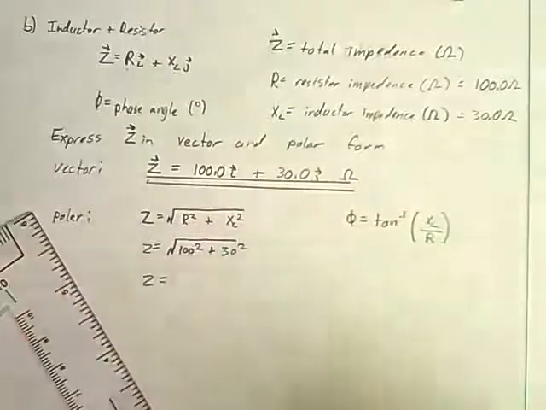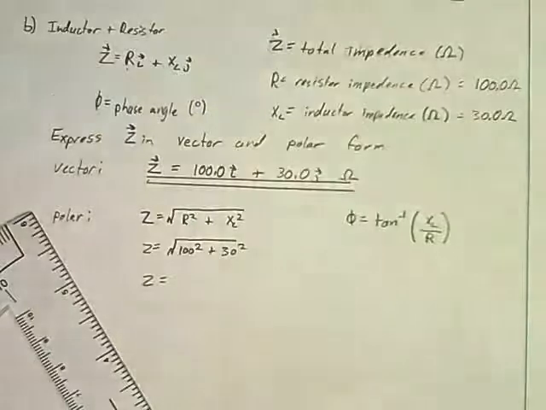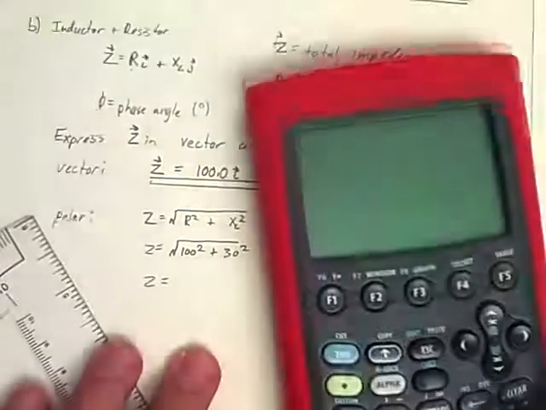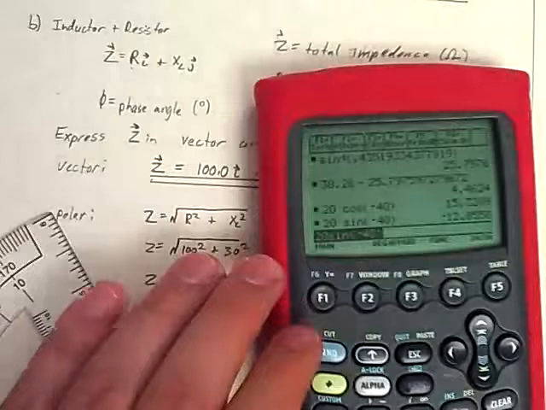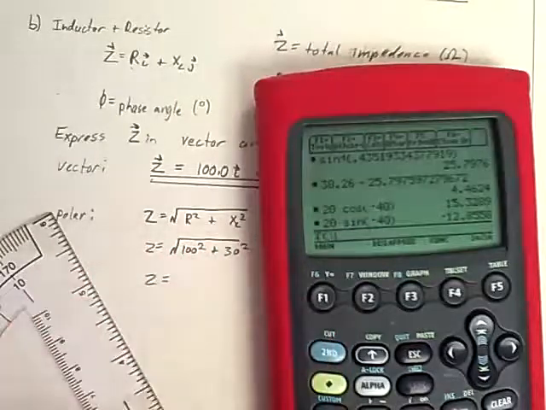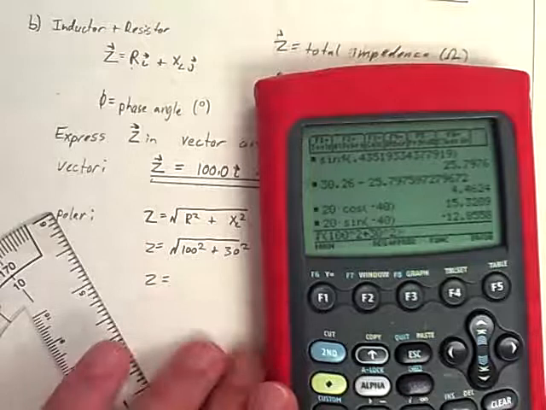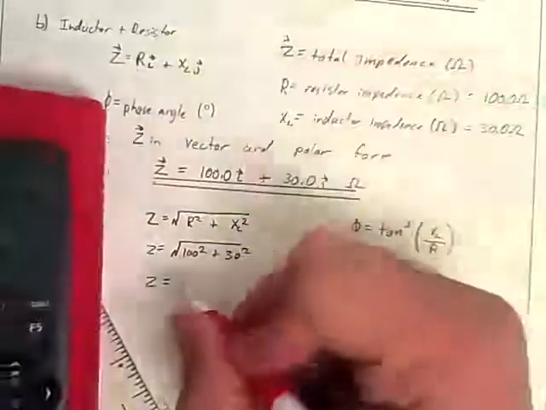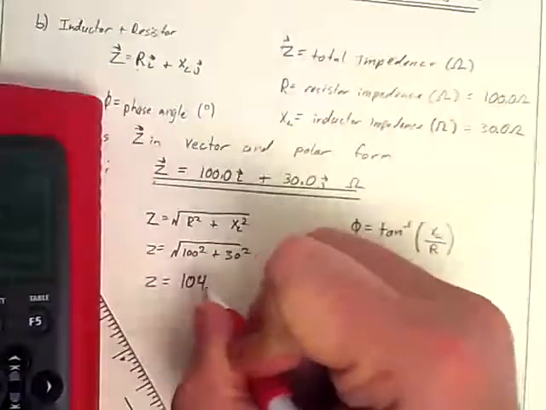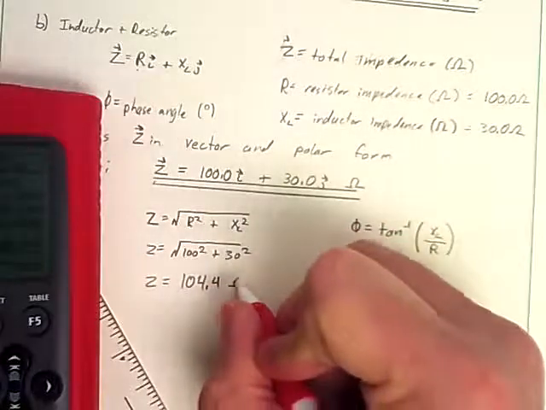So Z is, once we get a calculator, the square root of 100 squared plus 30 squared. So it's 104.4 ohms.